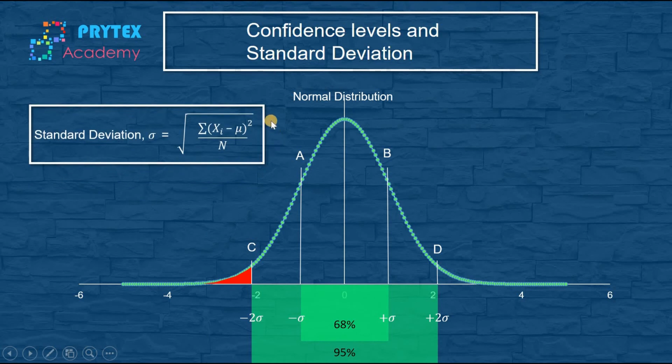So this is the formal definition of a standard deviation. In this short lecture, it is beyond the scope to discuss standard deviation, but you can subscribe to our channel. We will surely discuss standard deviation in a separate lecture.